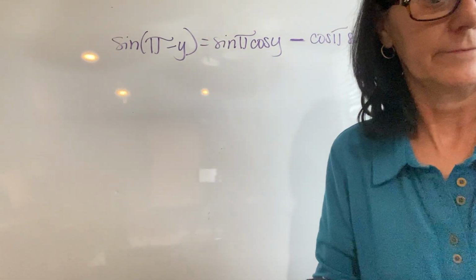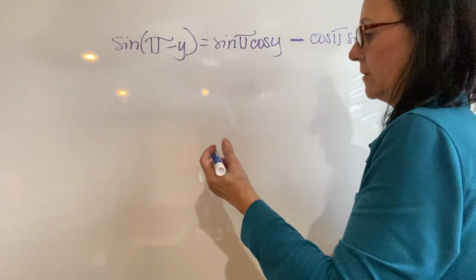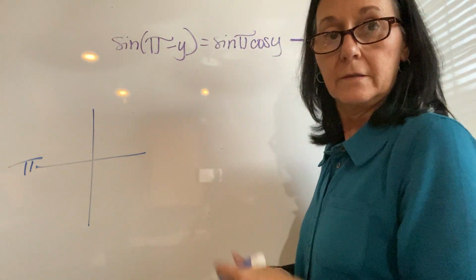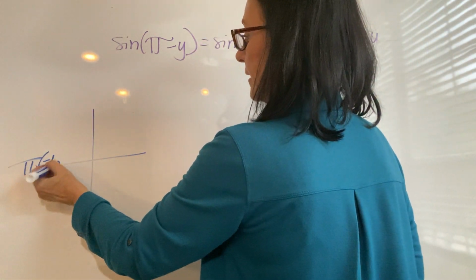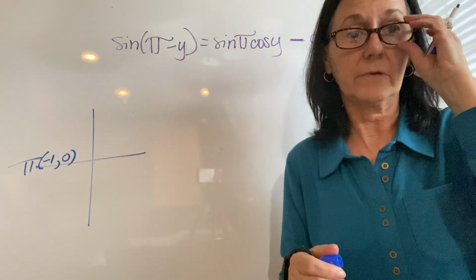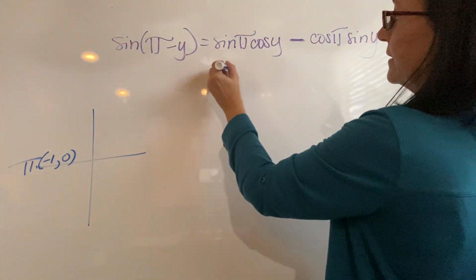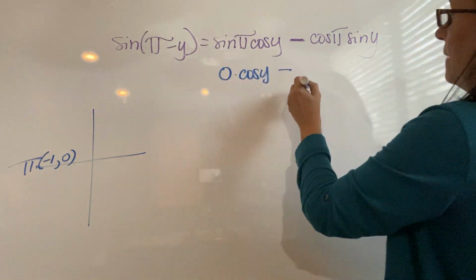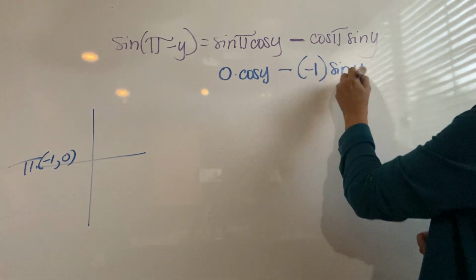All right, at pi, that's on the unit circle, right? That's right here. Your cosine is -1. Your sine is 0 because the cosine relates to that x value, the sine relates to that y value. All right, so the sine there is 0 times the cosine y minus negative 1 times the sine of y.